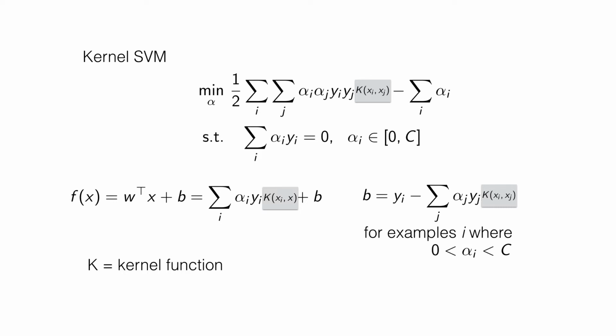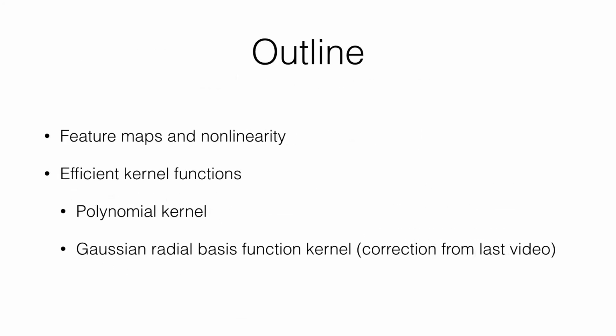So this video is going to be organized as follows. We'll talk about feature maps and nonlinearity. So why do we want to map to a different feature space, and how does that get us richer decision functions? And then we'll talk about how to efficiently compute certain kernel functions that are very popular in the application of support vector machines.